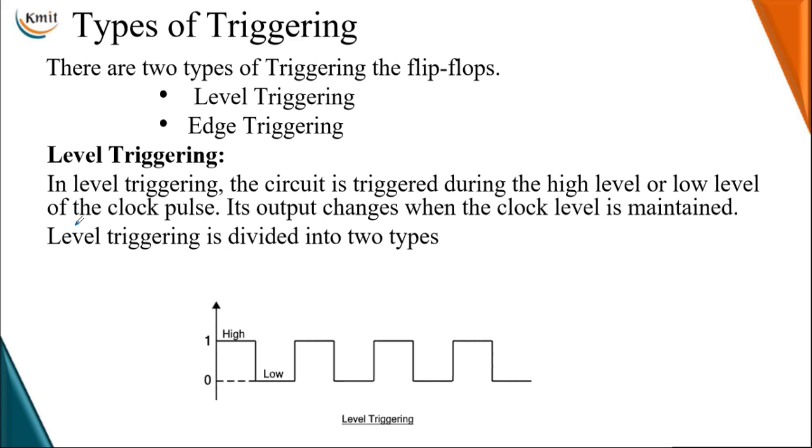In level triggering, the sequential circuit will generate the output only on high levels or low levels. If the output changes on the high level, it is known as positive level triggering. If the output changes on the low level, it is known as negative level triggering.